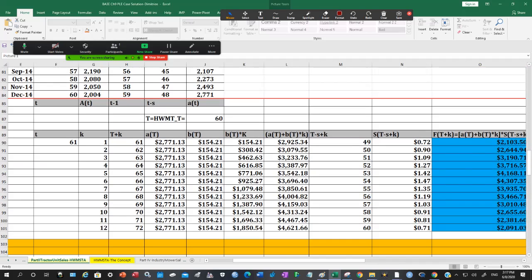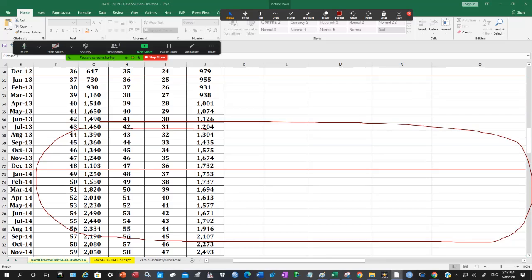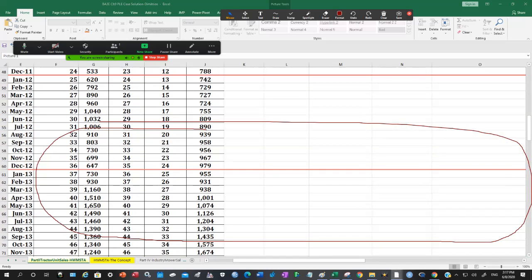Anytime you see HWM, that stands for Holt-Winters multiplicative trend. Okay, so I've calculated these forecasts when we do not have actuals. Above here, I calculated.